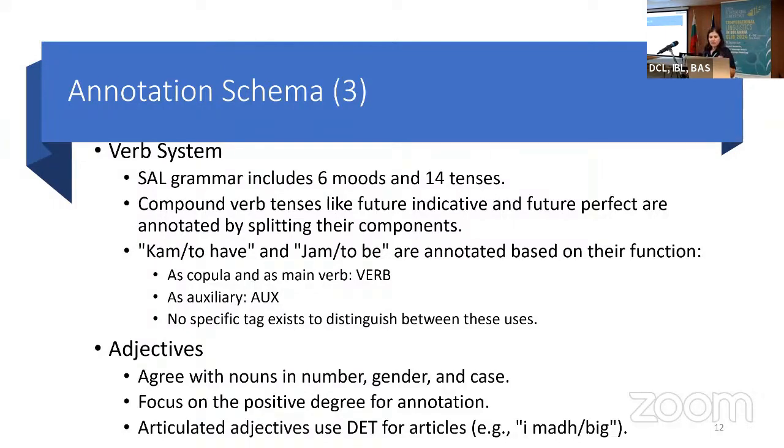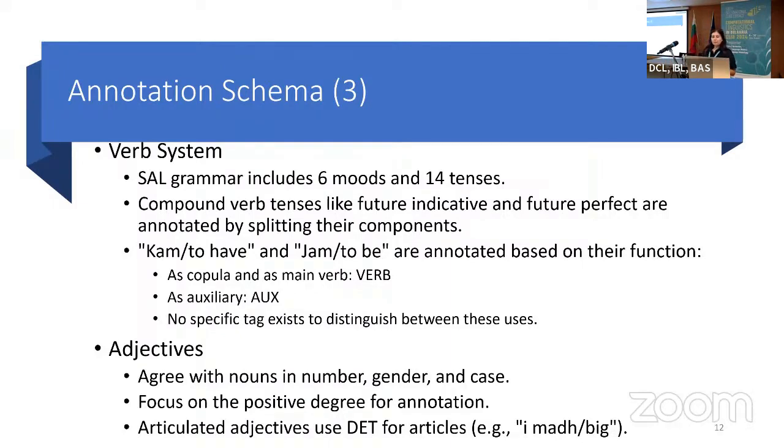In adjectives, I have put some of the things that are specific for Albanian. In Albanian, the adjectives agree with the noun in number, gender, and case. And we have 3 degrees of adjectives, but we can annotate just the positive degree, as the 2 other degrees are formed by multiple words, or multiple tokens, and we cannot annotate them any more.